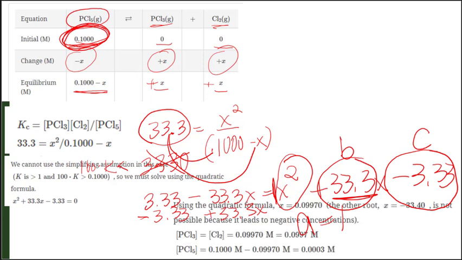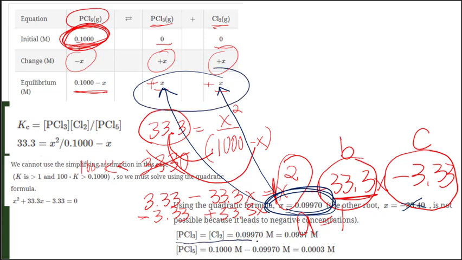When I plug that into the quadratic formula, I would get x is equal to 0.0997 or a negative value, but we know we can't use the negative value. That's not even possible. We would have negative concentrations. So then I'm going to plug in that x value for the concentrations of my products. And then I'm going to do 0.1 minus that x value to get the concentration of my PCl5. And that wraps up this section.